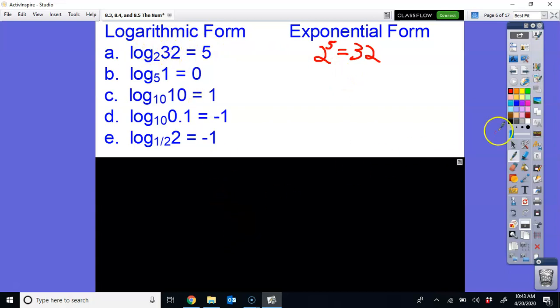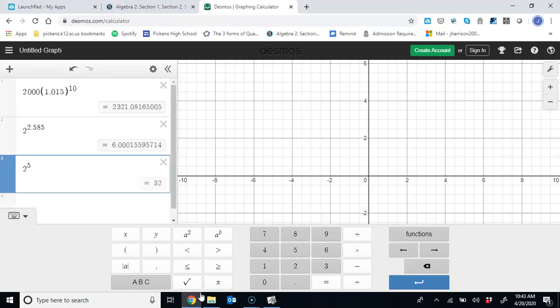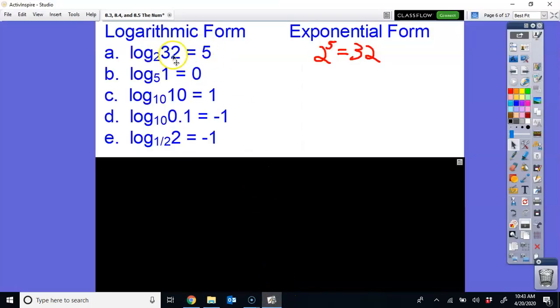Now, is that true? Absolutely. If you take 2 and you raise it to the 5th power, you will get 32. So that is what a logarithm is saying. The answer to a logarithm is actually the exponent. And that is critical to understand about logarithms, is that the answer is the exponent.